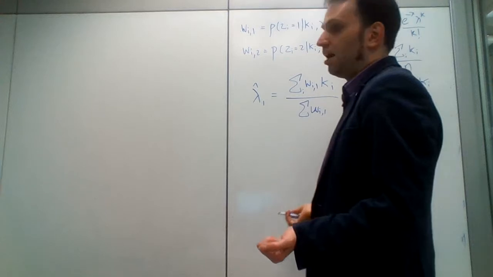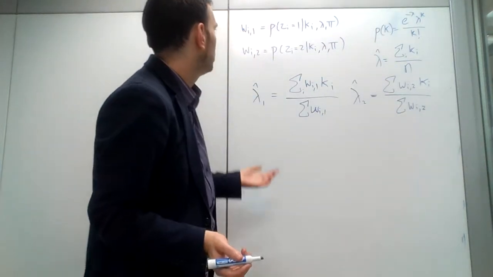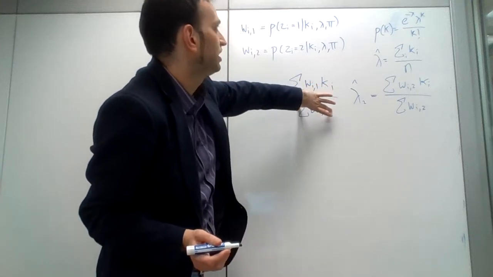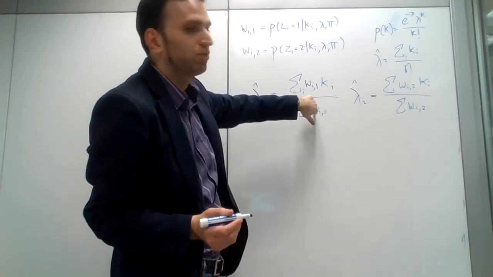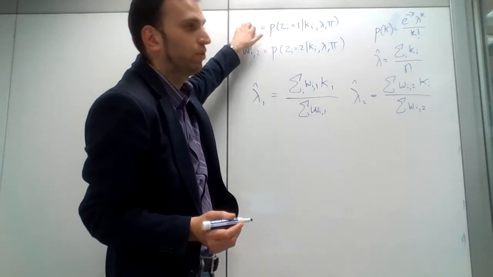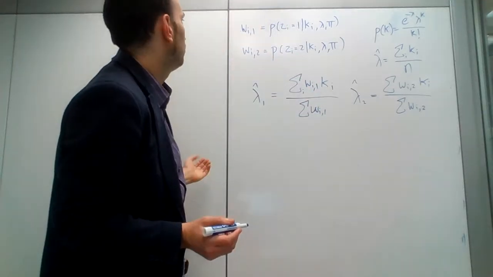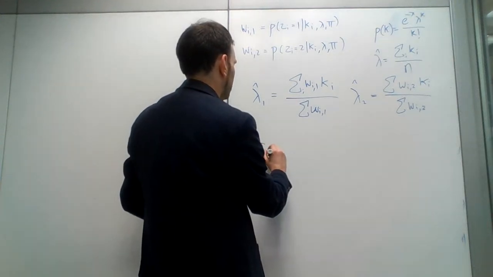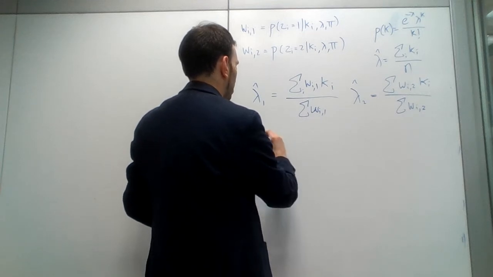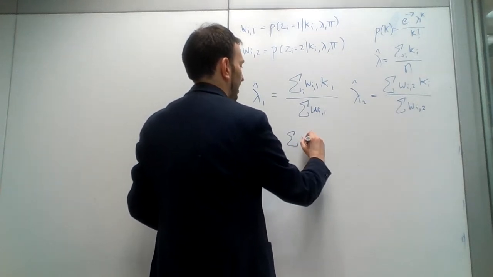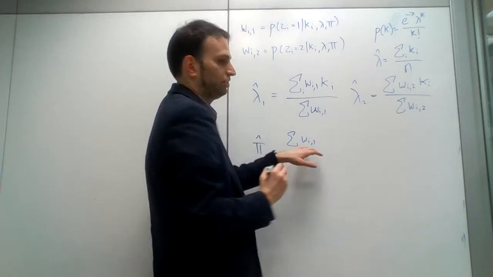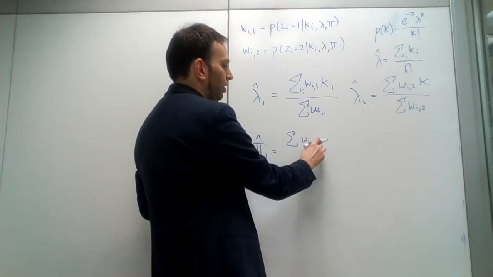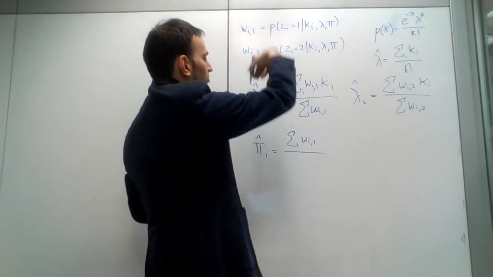All right. How do you do the pi's? Well, we already argued that this is really the estimated number of points that came from the first Poisson distribution. So pi 1 is going to be the sum of w_i1 divided by the total number of points.